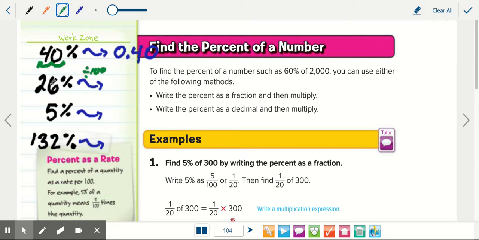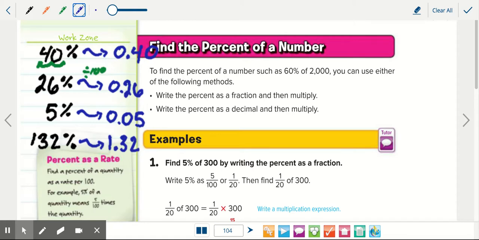So what would 26, 5, and 132% be? You should have come up with 0.26, 0.05, and 1.32.